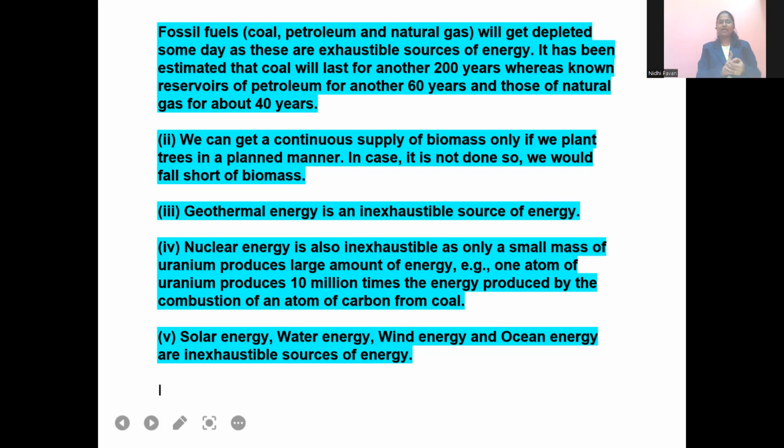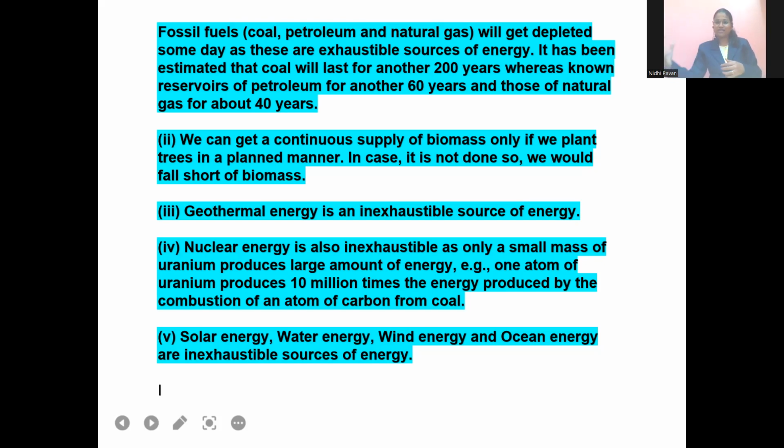For example, as you can read on the slide, fossil fuels like coal, petroleum, and diesel will get depleted, meaning they will decrease someday if we use them extensively. It is estimated that if we use coal at the same rate as now, it will get over after 200 years.